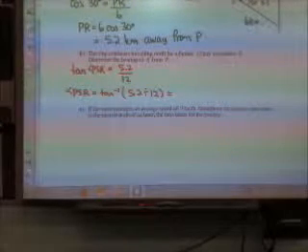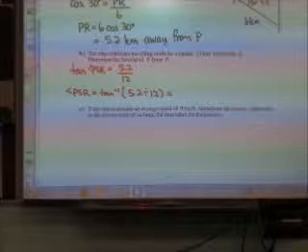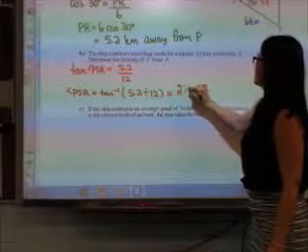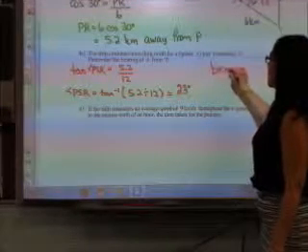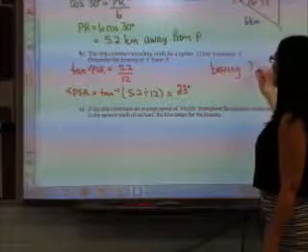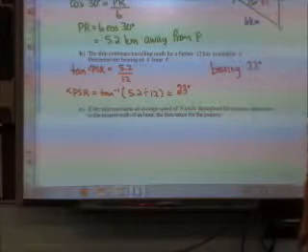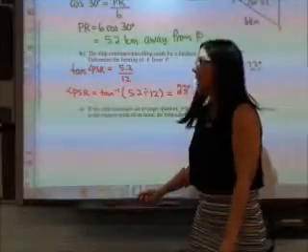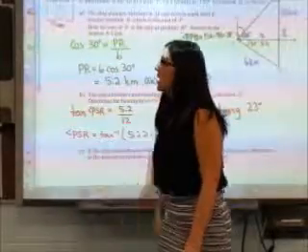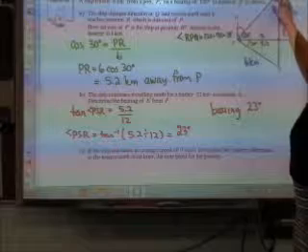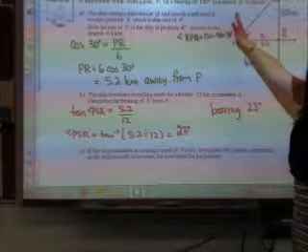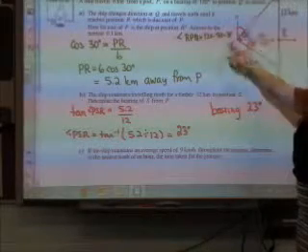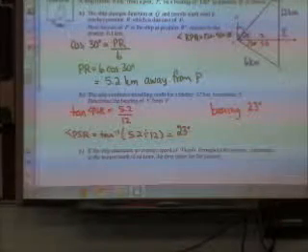To the nearest degree, 23. So then the bearing would be 23 degrees from P. So if from the port all of a sudden I had to send a ship because the ship now gives me a distress call, I would tell my ship to go on a bearing of 23 degrees from the port. And that would bring me to S.